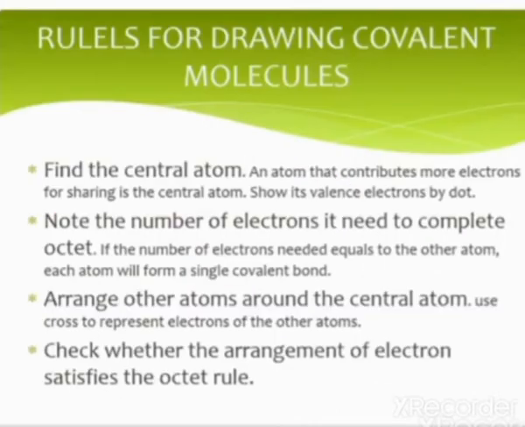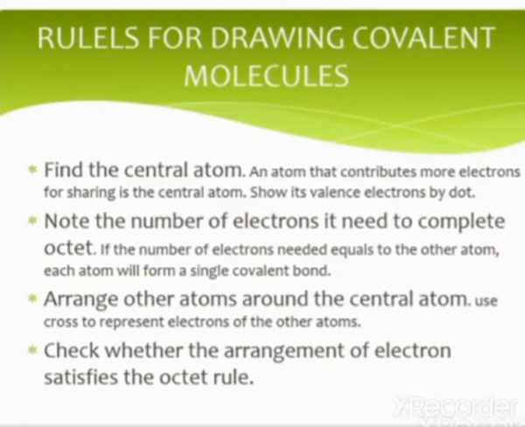Now we are going to study some rules for drawing the covalent molecules. First rule is to find the central atom. A central atom is the atom that contributes more electrons for sharing. Show its valence electrons by dots. Rule number 2 is to note the number of electrons it needs to complete its octet.